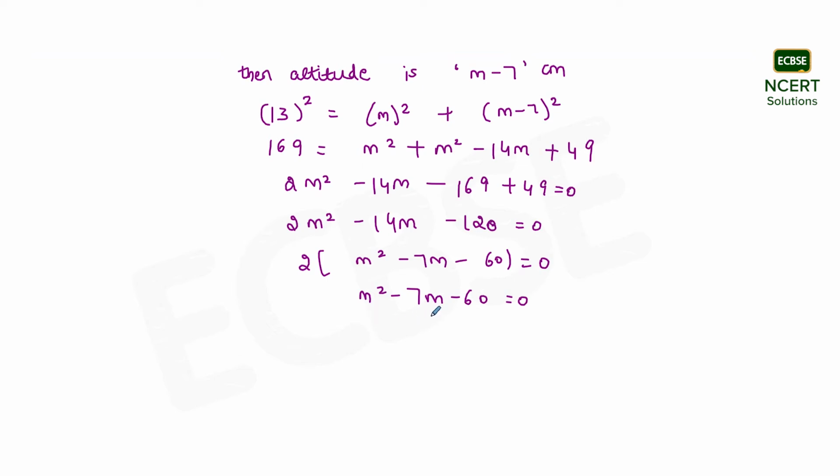And we know to solve the quadratic equation, we can use the middle term splitting method. So what does the middle term splitting method say? That I need to split minus 7 into 2 terms, say p and q, such that the product of p and q should be equal to a into c, comparing it with the standard quadratic equation, and p plus q needs to be equal to b.